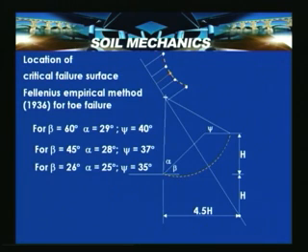With the modern advent of computers and availability of programs, a number of options are available for locating a critical failure surface, and the options involve the automatic generation of circles or failure surfaces based on the initial input values, or one can specify the point where the circles have to be located physically.